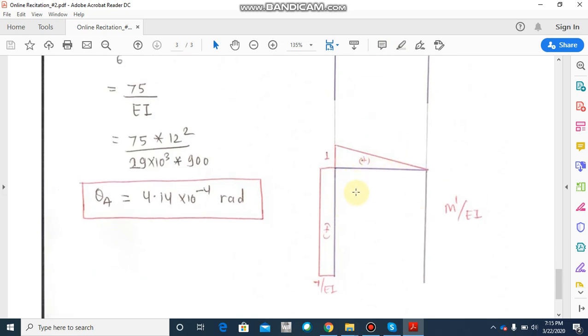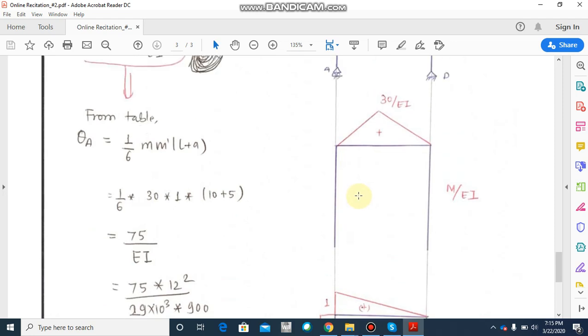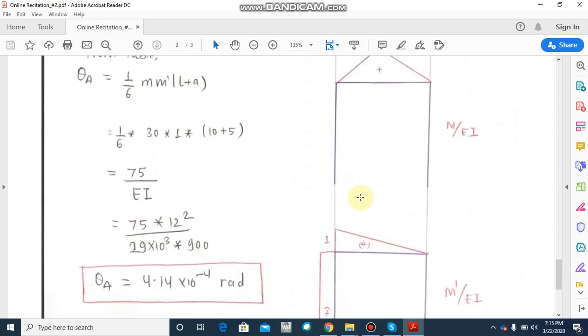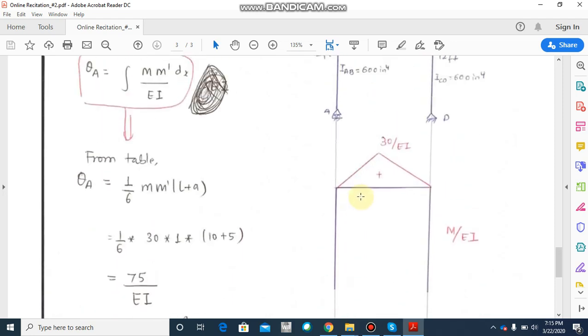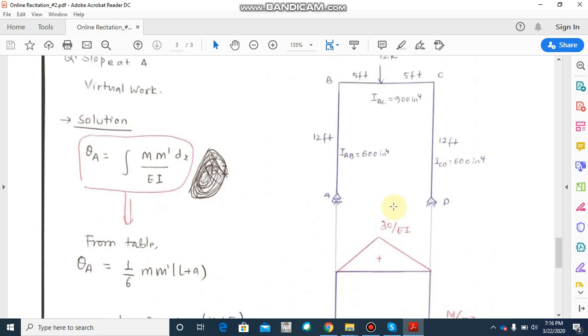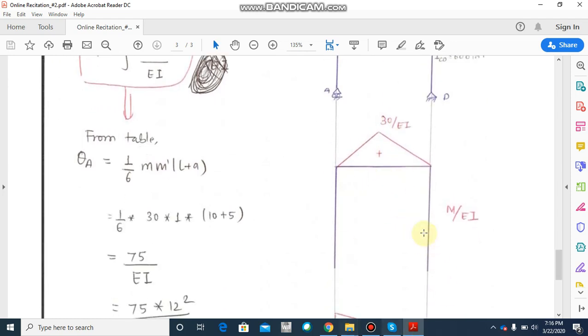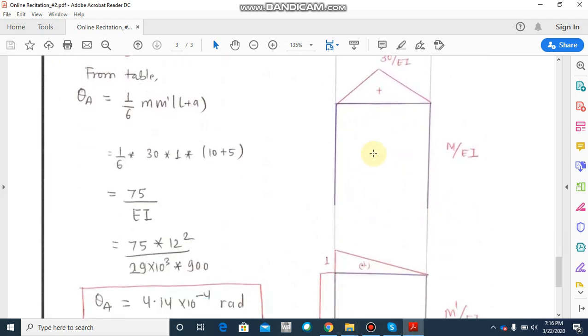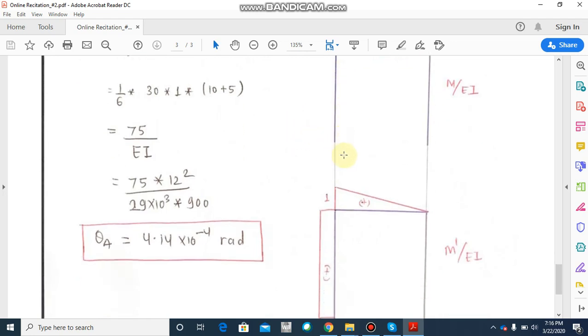So now slope at A would be the integration of m m dash dx by EI. So we need to integrate the whole part, but in this figure if you multiply m into m dash in the other two columns, because the moment due to external load is 0, we'll get 0 value.